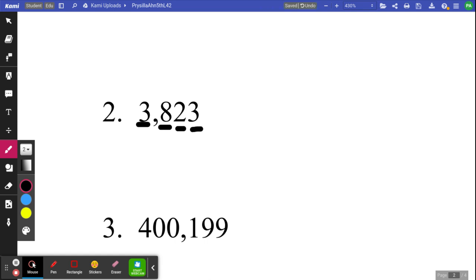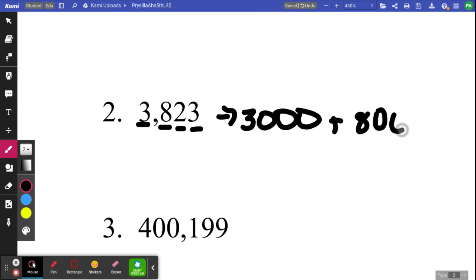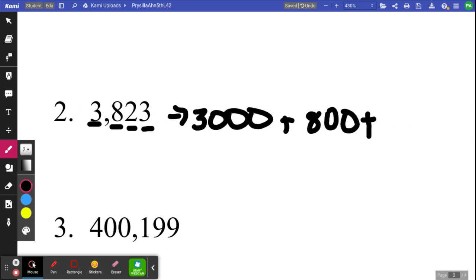We're going to break down the places. Let's start off with the first breakdown. This 3 is in the thousands, so 3,000 plus 8 is in the hundreds, so 800, plus 2 is in the tens, so it becomes 20, and 3 is in the ones, plus 3.